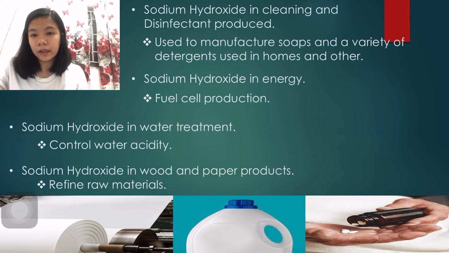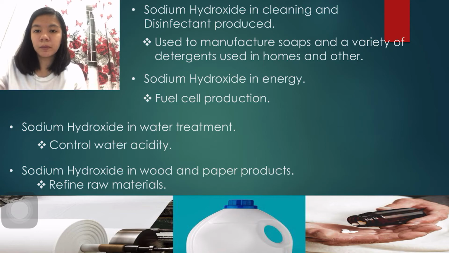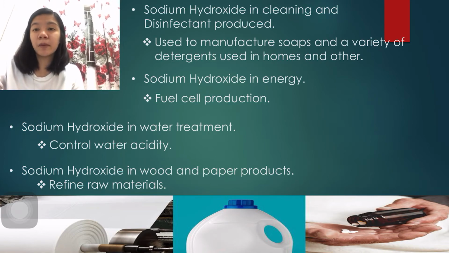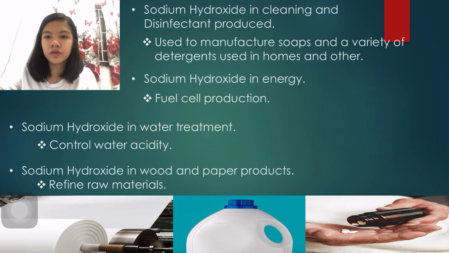The last one is sodium hydroxide in wood and paper products, or the refined raw material. Sodium hydroxide is used to separate the ink from the paper fiber, allowing the paper fibers to be reused again.